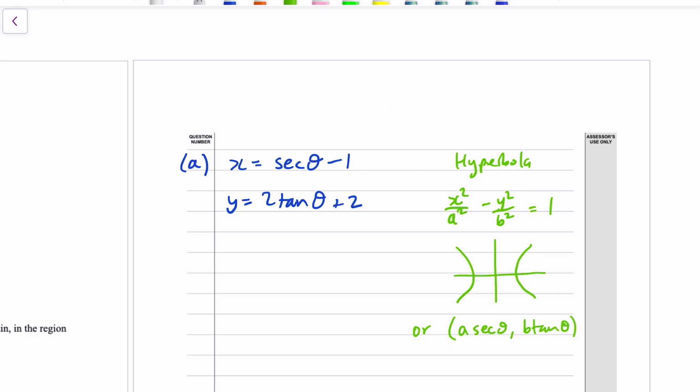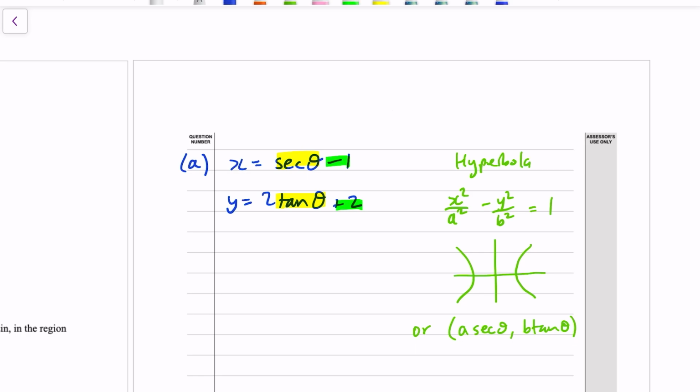Now those coordinates there are similar to what we've got. We've got a sec theta and we've got a tan theta. And we could say that in this case a is equal to 1 and b is equal to 2. But the other extra thing is the transformation. The minus 1 is saying take 1 off all the x values, and the plus 2 is saying add 2 to all the y values.